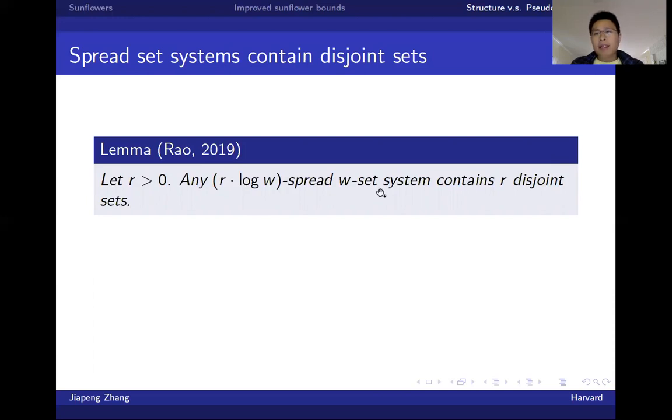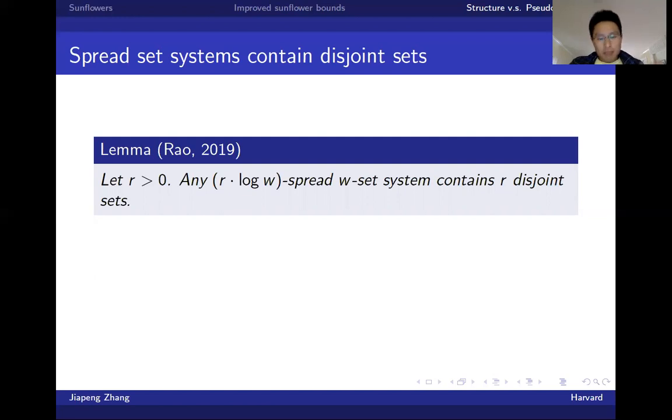In our paper, we get a similar bound, however we get r cubed times log r times log w. That's the reason we get a slightly worse bound, but in Rao's result, he gets a cleaner bound, which is r times log w.